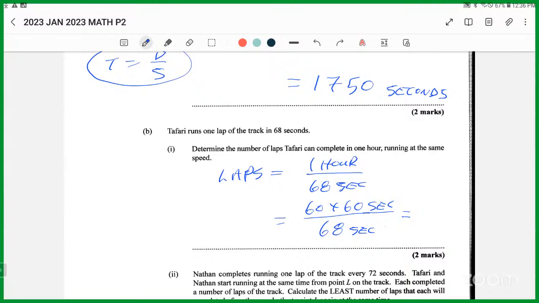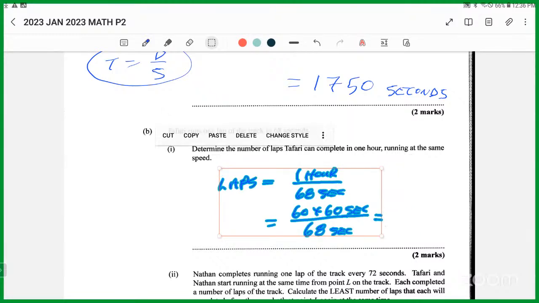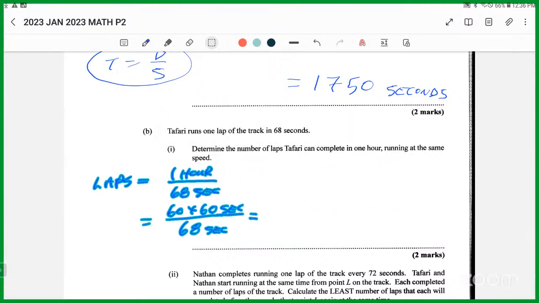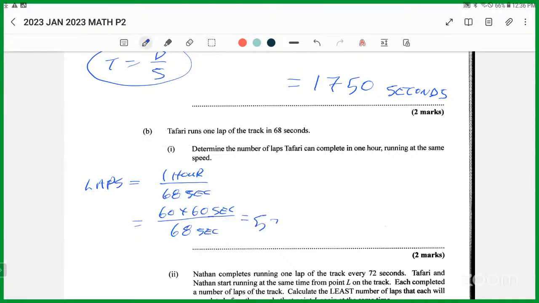You understand? When we get 52 point something, you say you complete 52 laps, because only whole laps count. So you complete 52 laps.